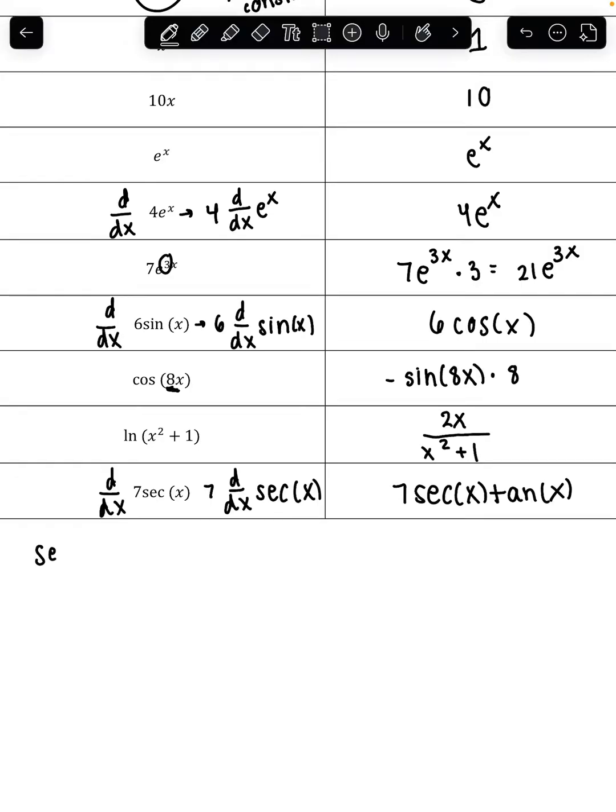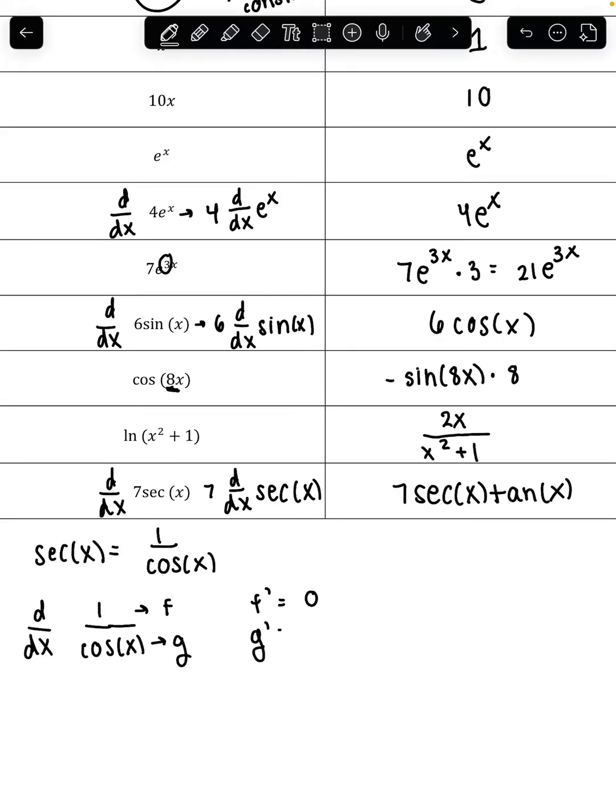So secant is just 1 over cosine, right? So if I wanted to take the derivative of secant, I could just take the derivative of 1 over cosine and use the quotient rule, where this is f and this is g. So then our f prime is 0, our g prime is negative sine.